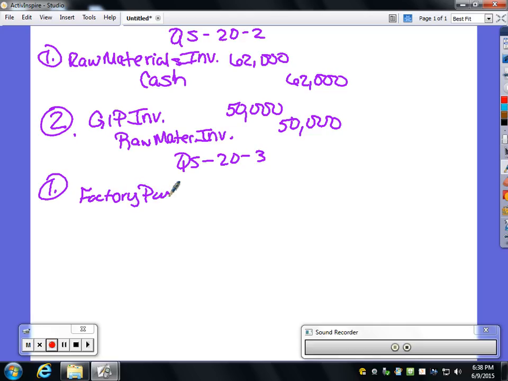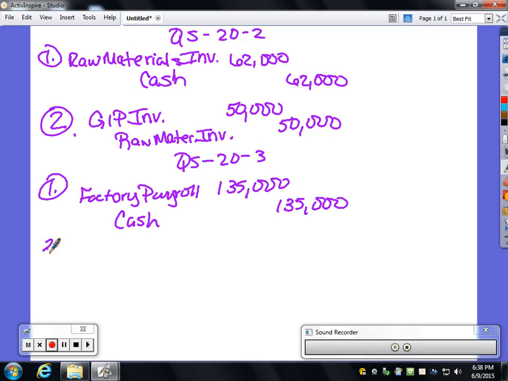Factory payroll debit, cash credit. What amount? 135,000. Okay. And then the second journal entry is supposed to record that direct labor used in production. So what do we debit and what do we credit?